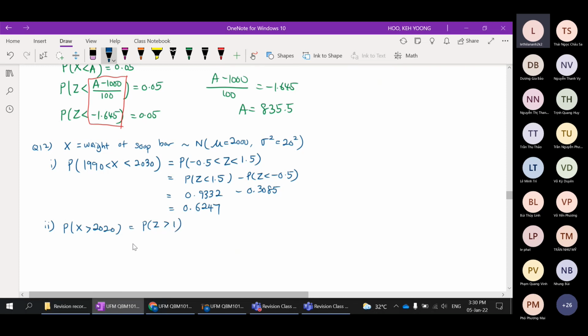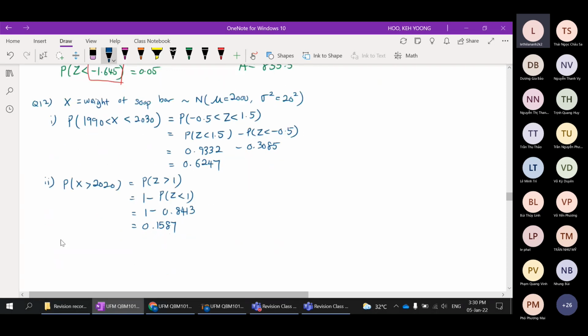You want to find probability more than 1, so take 1 minus the area less than 1. So 1 minus 0.8413, which gives 0.1587.